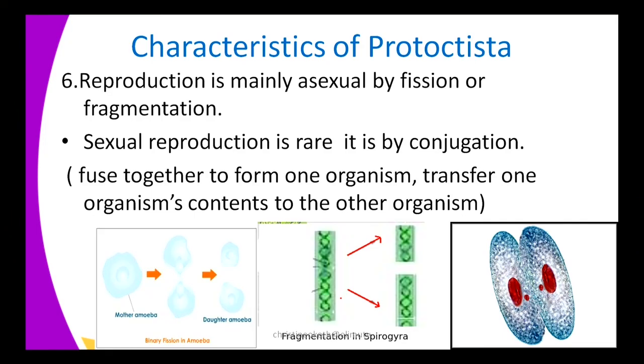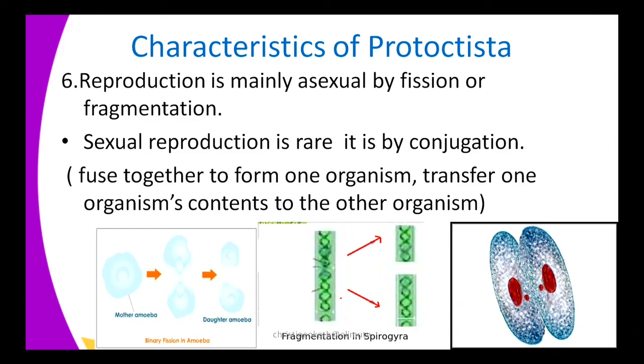The first illustration shows asexual reproduction, a process known as binary fission. We have one parent cell, and that cell subdivides its contents, the DNA structure and everything, then it divides into two. Finally you have the parent cell and the daughter cell, which is the amoeba.